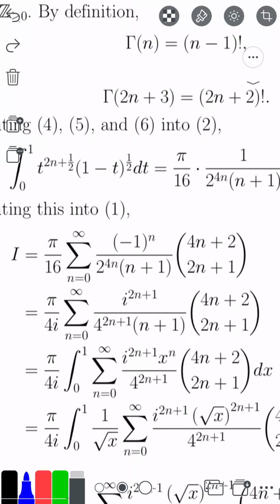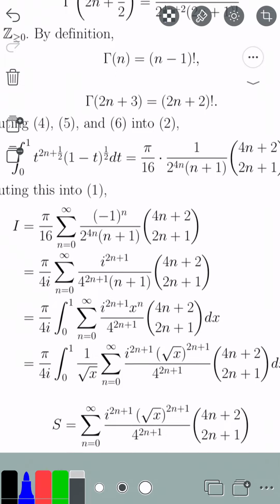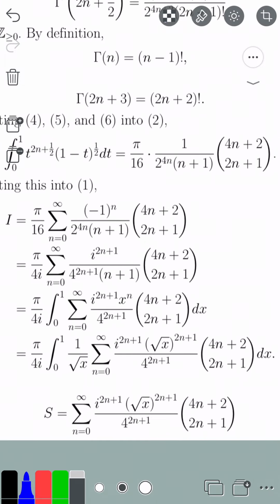And then, -1 to the power of n is i to the power of 2n, which is i to the power of 2n plus 1 divided by i. Then still the same n plus 1, and the same for n plus 2 choose 2n plus 1. And then 1 over n plus 1 is the integral from 0 to 1 of x to the power of n dx.